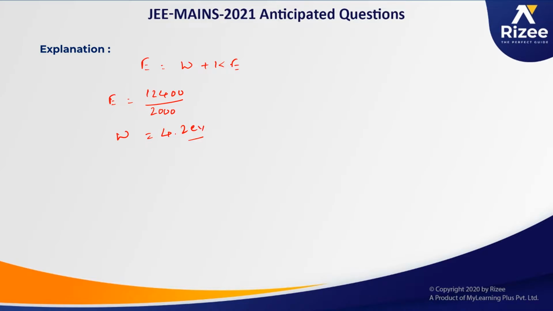Now the required kinetic energy can be calculated as E minus work function, so 12400 by 2000 is approximately 6.2 eV. From this you can get the kinetic energy in electron volts, and that kinetic energy will be approximately 1.99 electron volts, and kinetic energy in electron volts is numerically equal to the stopping potential.